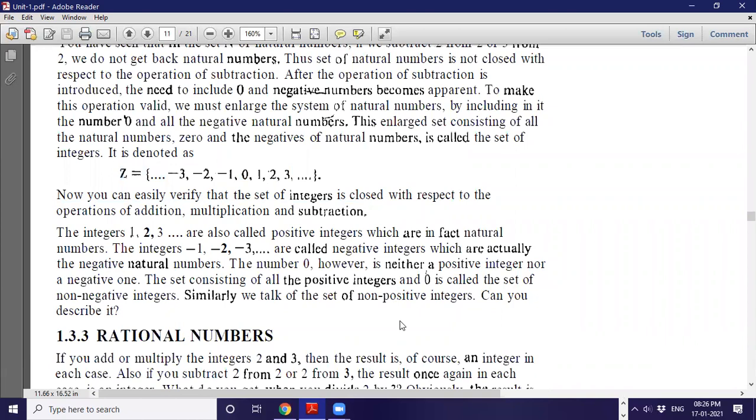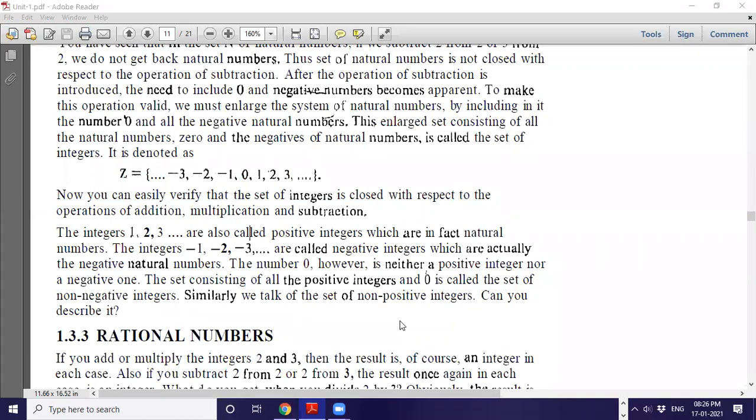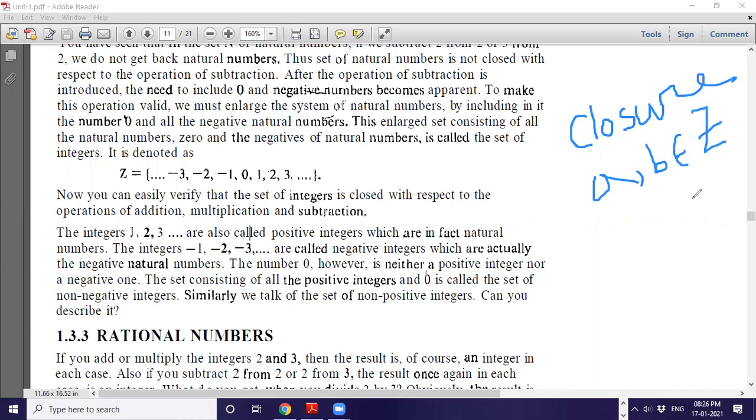So if we define the closure property, you might recall it from my abstract algebra class. What is that closure property? Say A and B belong to a set. I am taking it as say this set of integers.